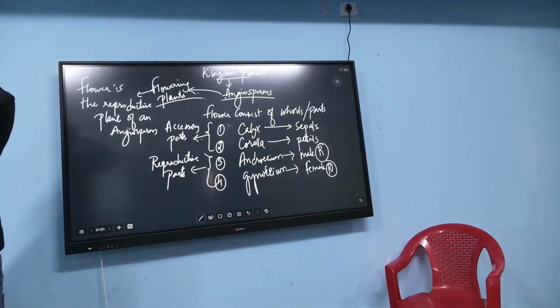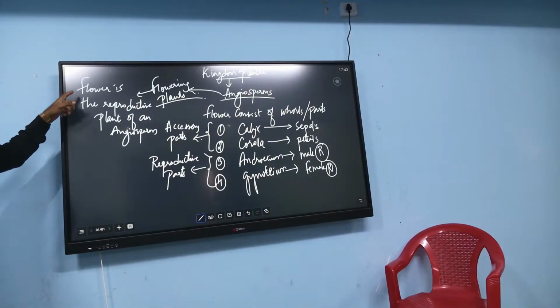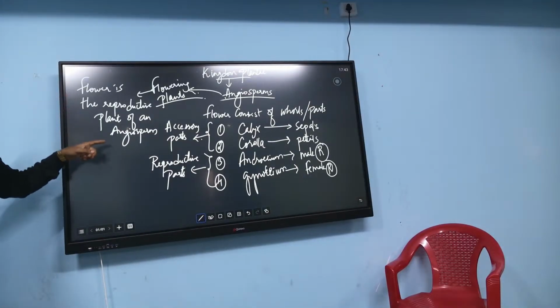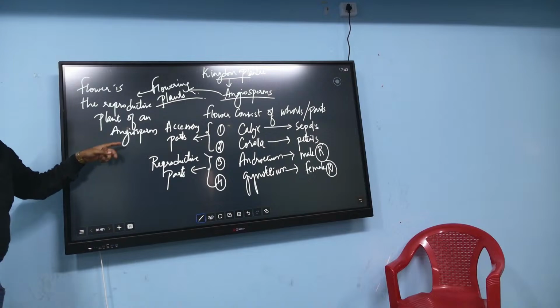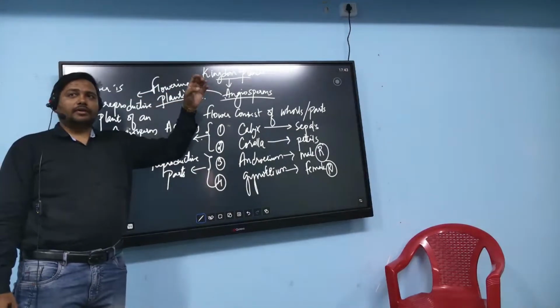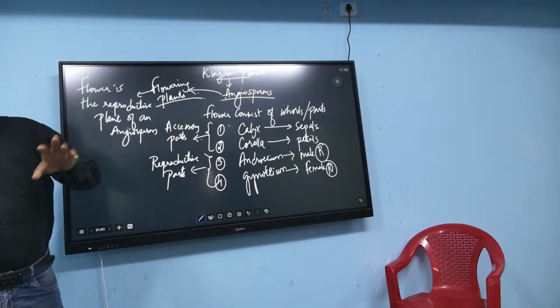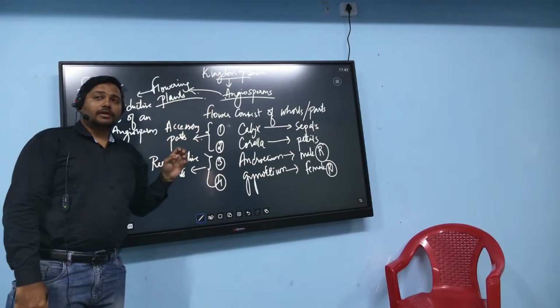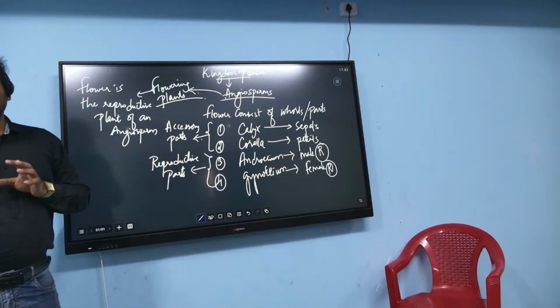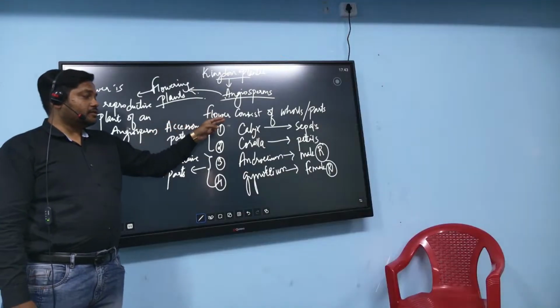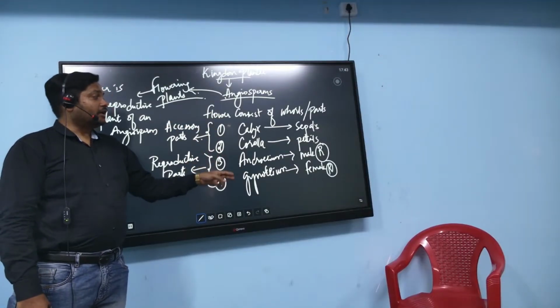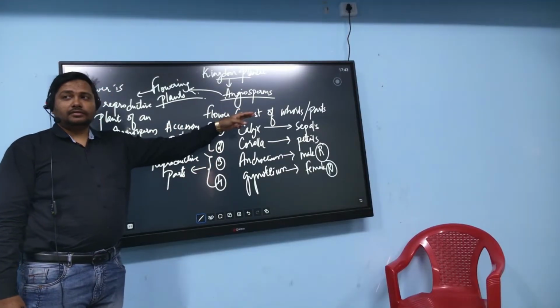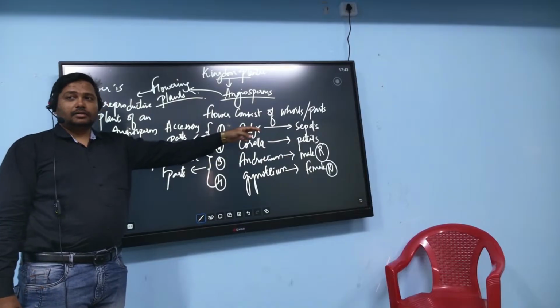What is a flower? We know a flower is the reproductive part of an angiosperm. So all the flowering plants which you see belong to the division angiosperms. When we talk about the flower, how many whorls are there? Totally four: calyx, corolla, androecium, and gynoecium. Calyx is also called sepals, corolla is also called petals.